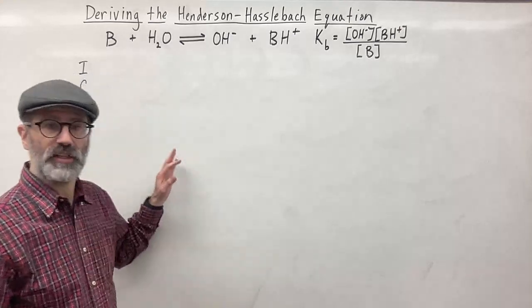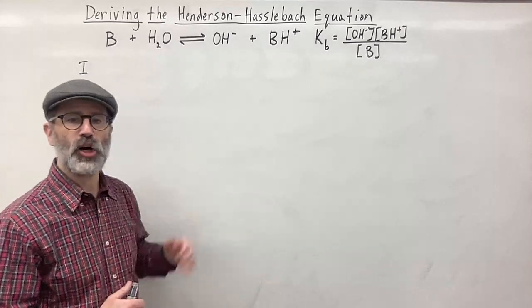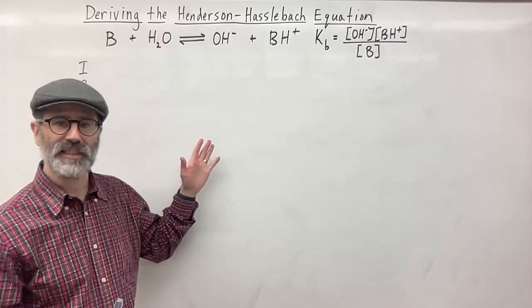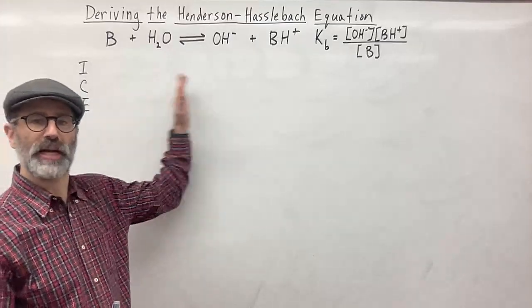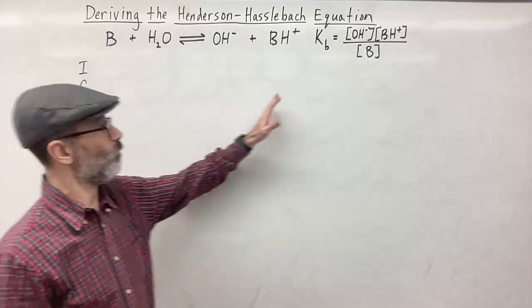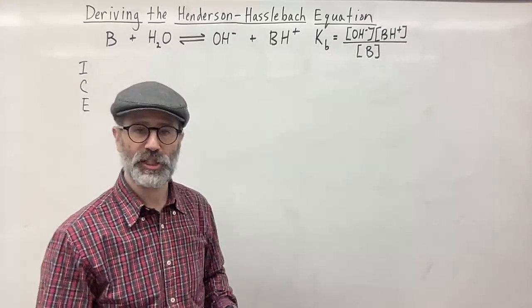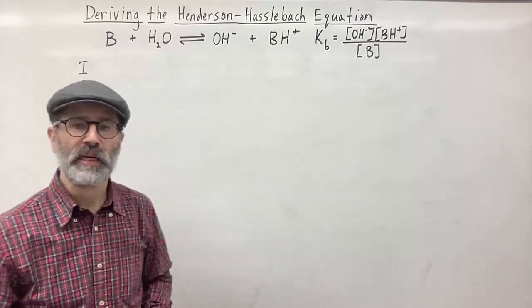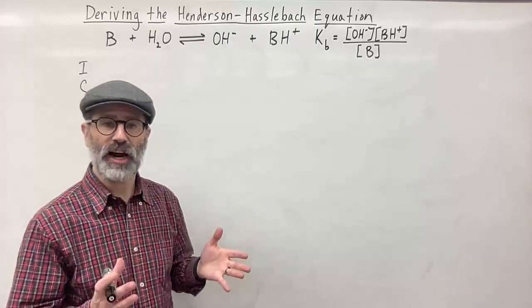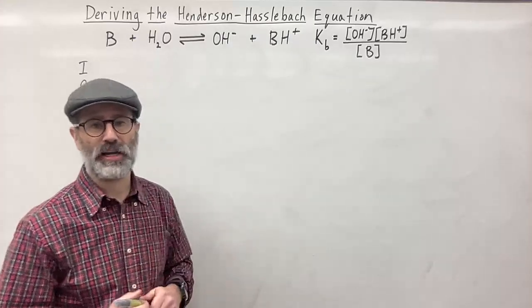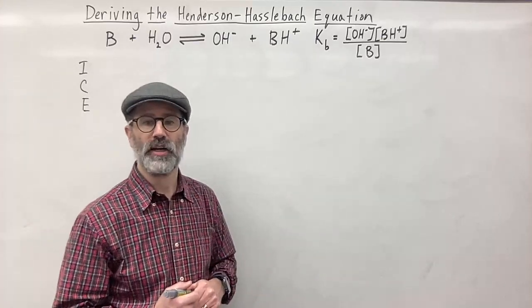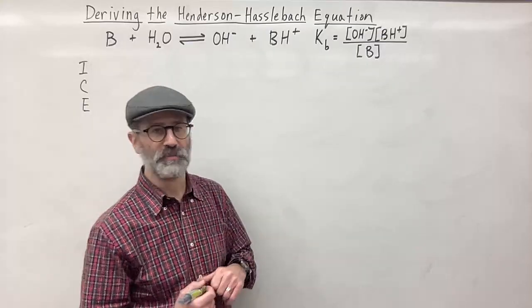In this one, instead of starting with the weak acid, we're going to start with the weak base reacting with water, and we're going to start with the Kb expression for this reaction, and derive the related equation to the Henderson-Hasselbalch equation.